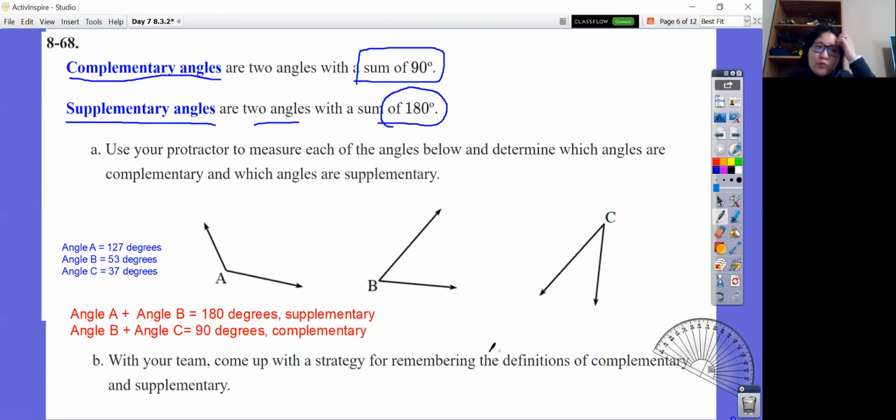So same thing, use your protractor to get the angle A. Angle A right here should be 127 degrees. Angle B right here should be 53 degrees. And question C right here should be 37 degrees.